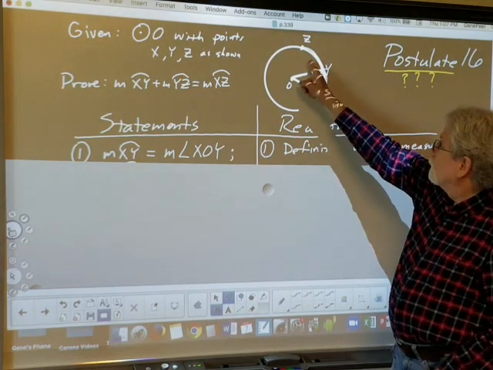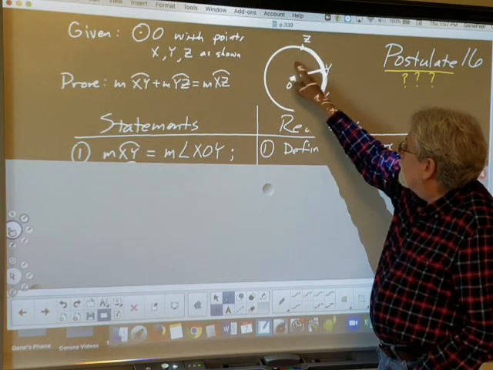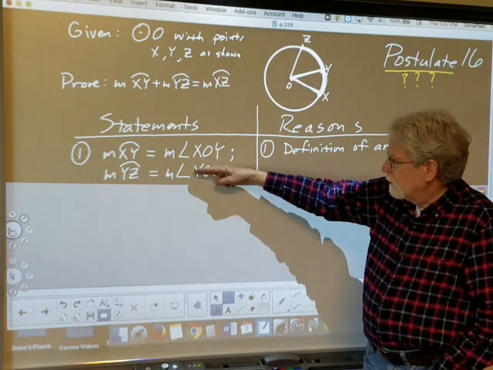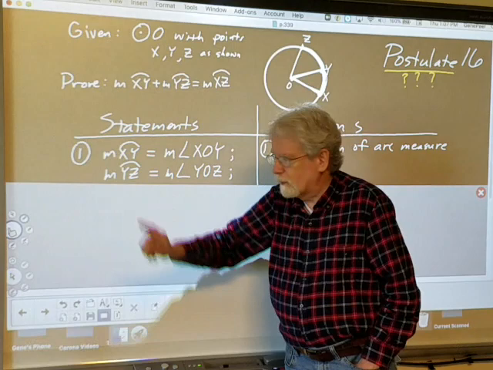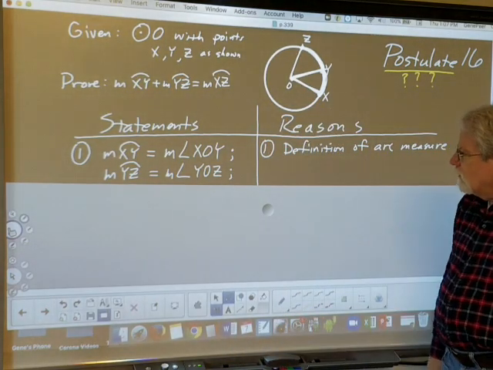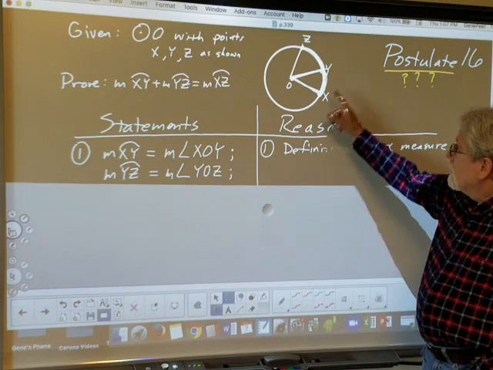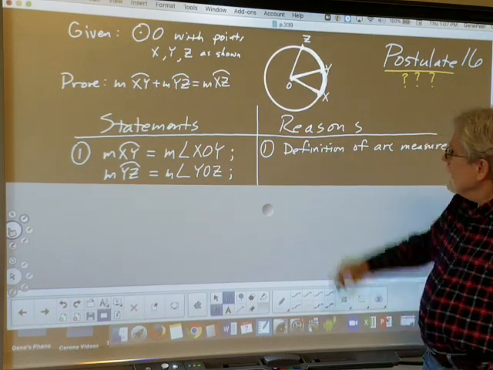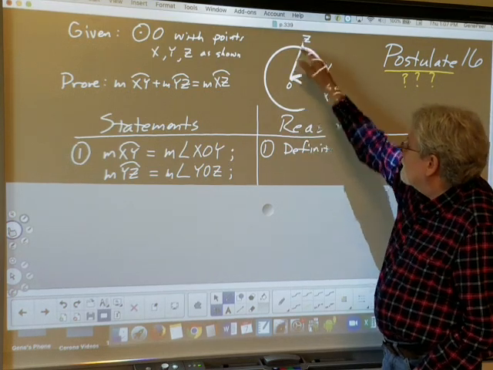Likewise, this is true for arc YZ. It's equal in measure to angle YOZ, which we have here. Because these are related statements and they have the same reason, we can combine them into a single statement, statement 1. That way I don't have to write the reason multiple times. And by the way, isn't arc XZ equal to the measure of angle XOZ by definition?